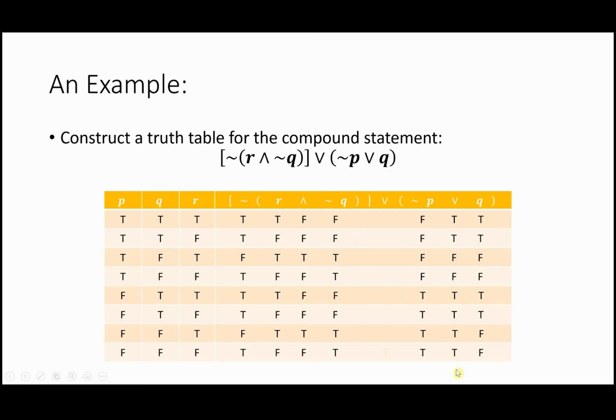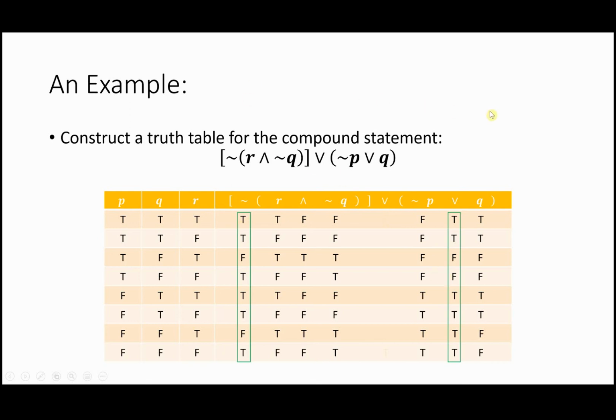Now this truth value and this truth value combination here need to be disjoined in order to finish figuring out the truth value combination for the entire compound statement, right? This disjunction is the last connective, and it's going to be between these two columns that I've boxed up in green.